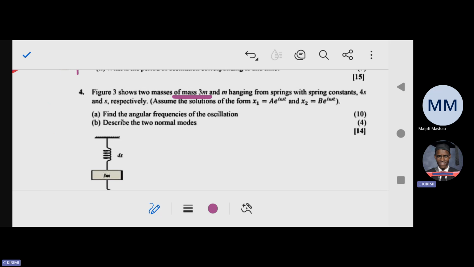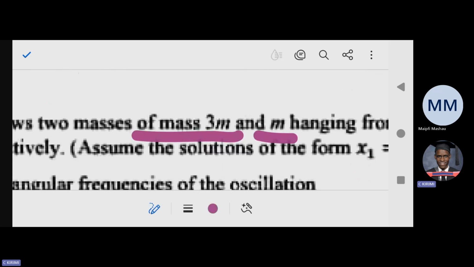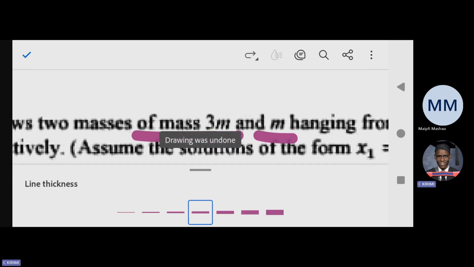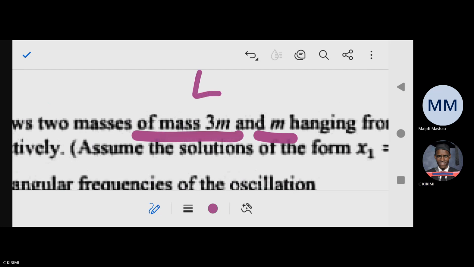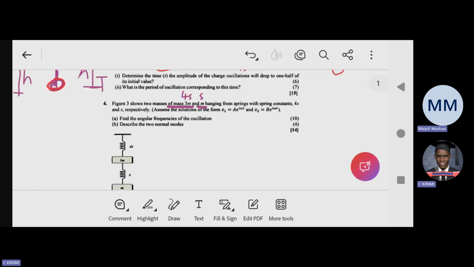And then M is just a mass M. They are hanging from springs with spring constants 4S and S respectively, which means the mass 3M corresponds to the spring constant 4S, and this one corresponds to S respectively.